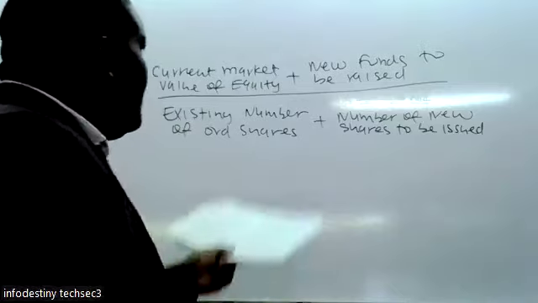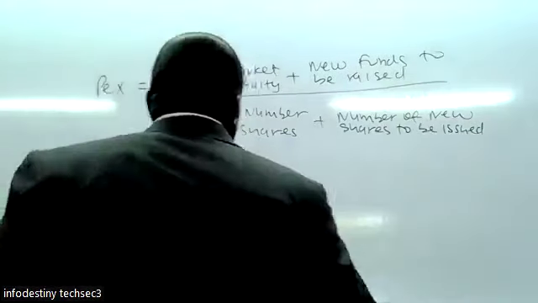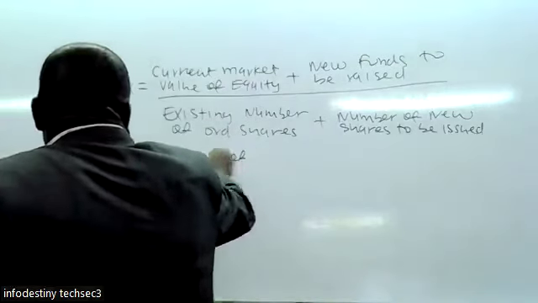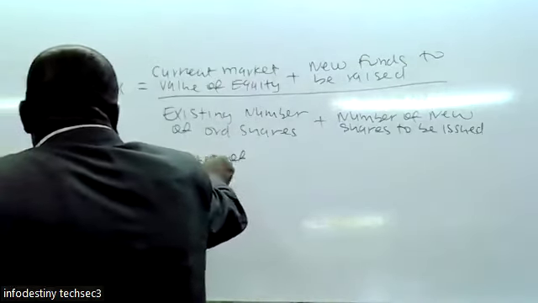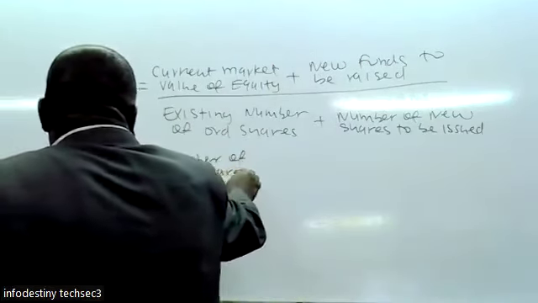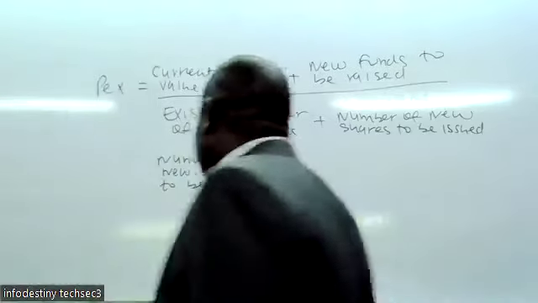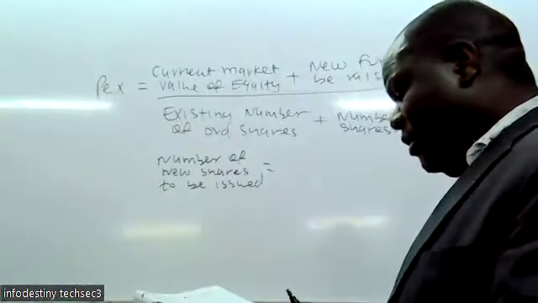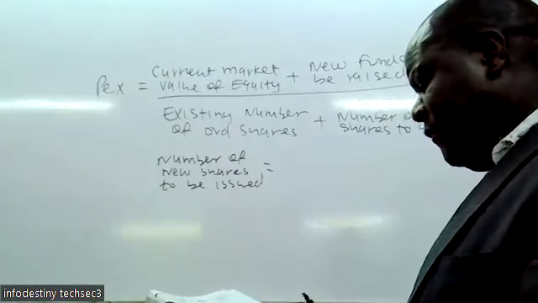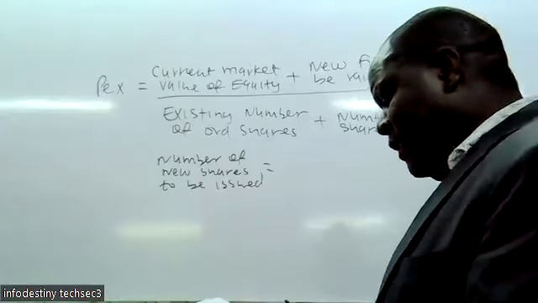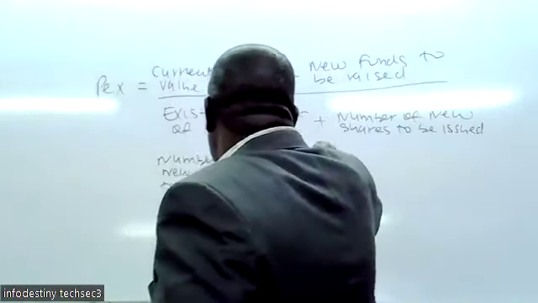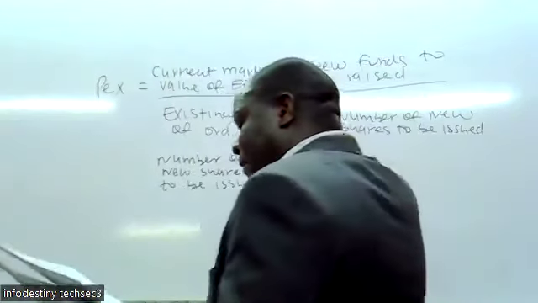We also need to get the number of the new shares to be issued. You are supposed to take the amount to raise. They want to raise 7.85. Then the offer subscription price was 39.